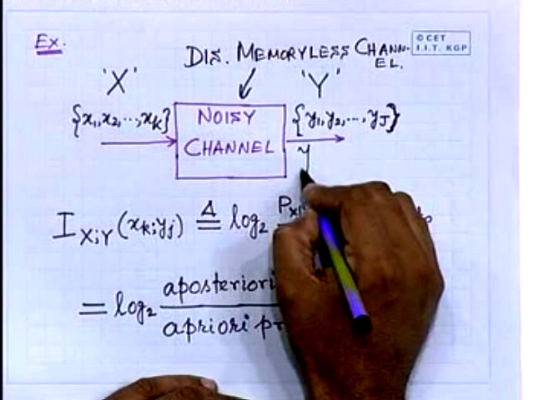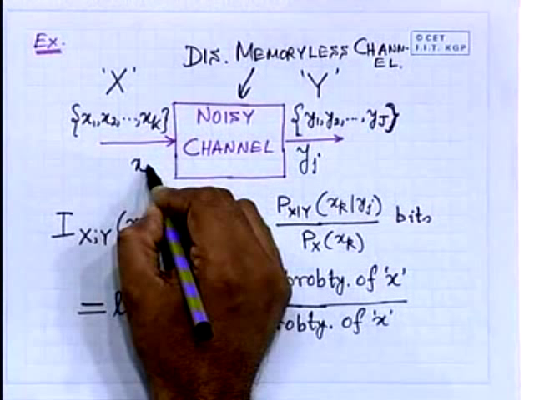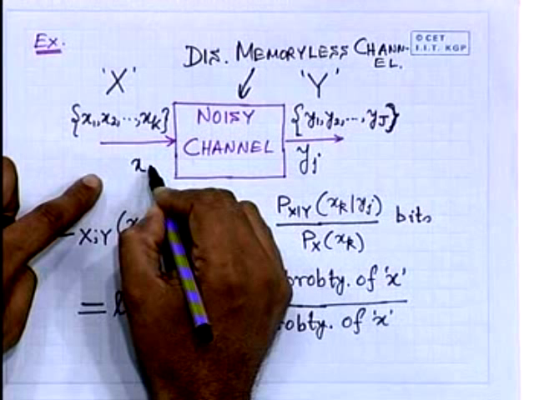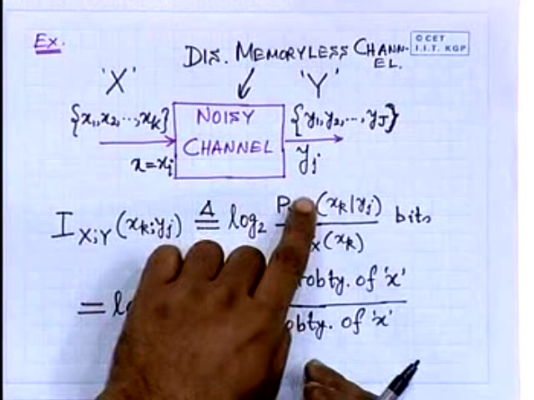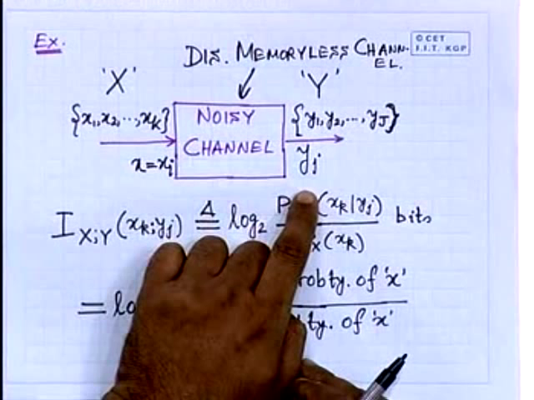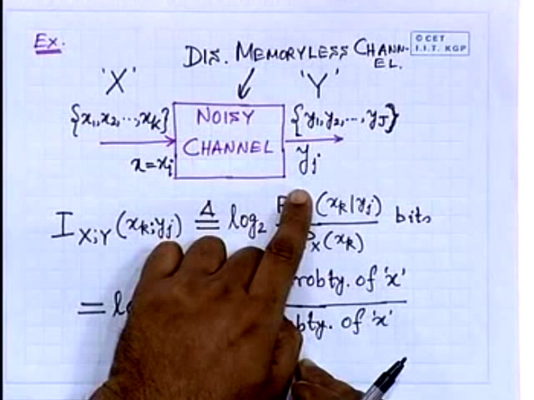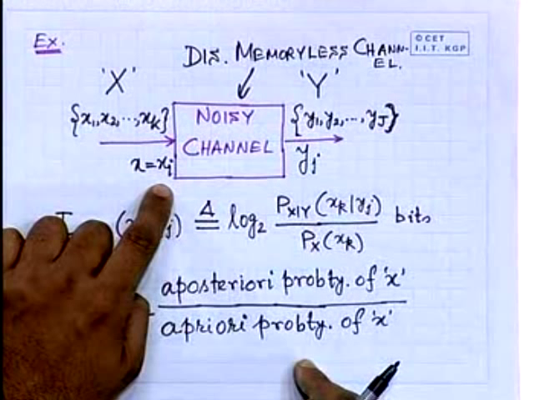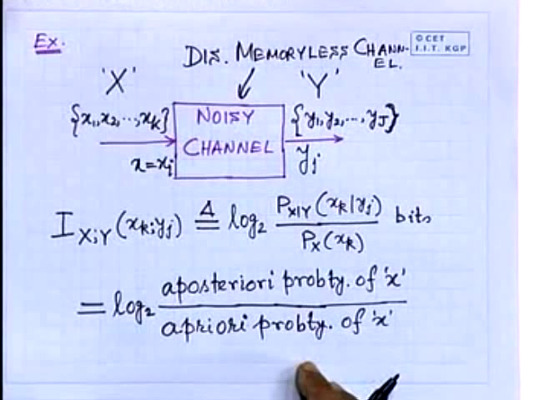By that we mean any particular output, say y equal to yj, will be dependent only on the respective input x equal to xi at the input. It will not be dependent on any previous input.